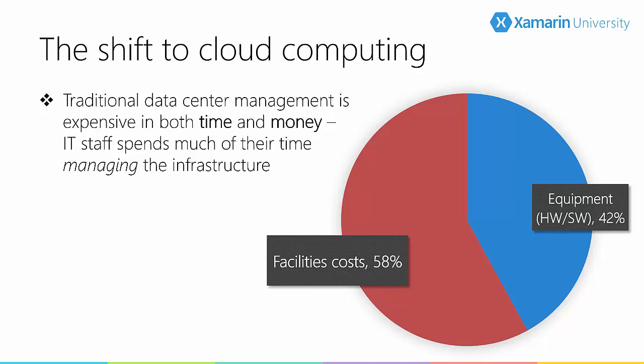For example, even though every data center is a little different, the average cost per year to operate a large data center for an enterprise is usually between $10 million and $25 million. That's a lot of money.